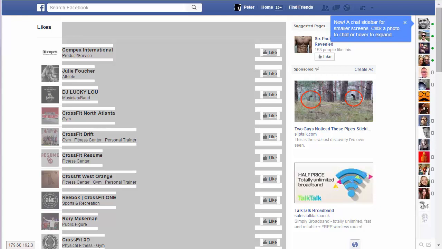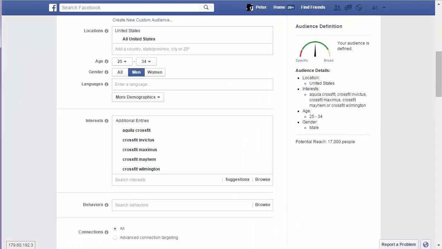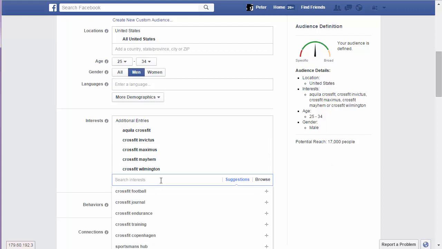We've got Annie, and we've got Val, and we've got Lucas Parker, and we've got Rory, and we've got Elizabeth. So these are just some of the celebrity sports people that they follow. And we could take those and put those in our ad manager and see if any of those come up.